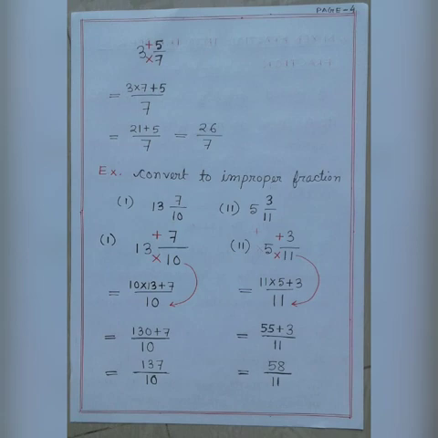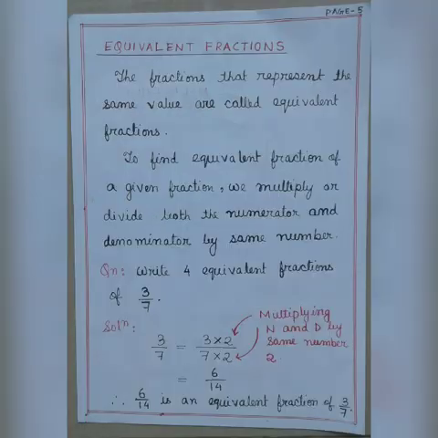The same way, 5 and 3 by 11 will give 5 into 11 plus 3 divided by 11, which is equal to 55 plus 3 by 11, which is equal to 58 by 11.